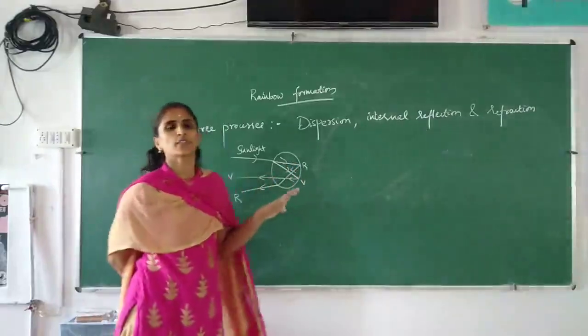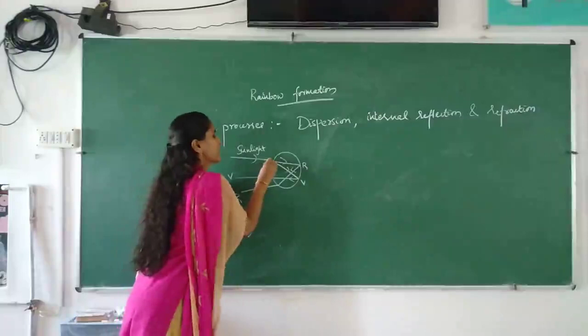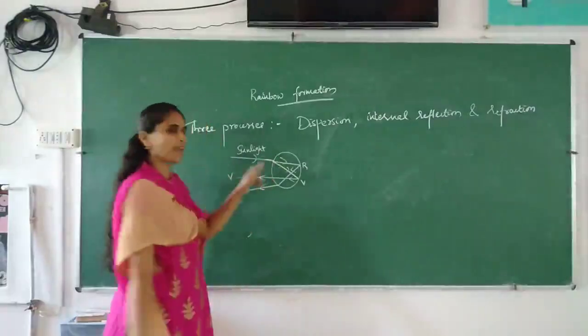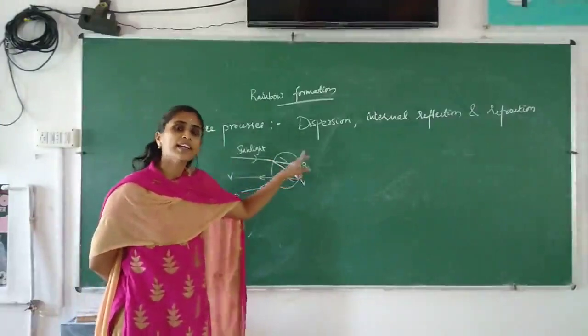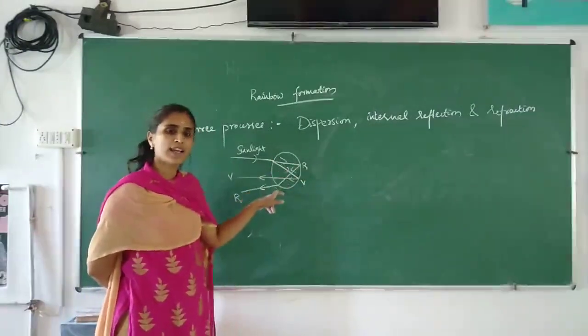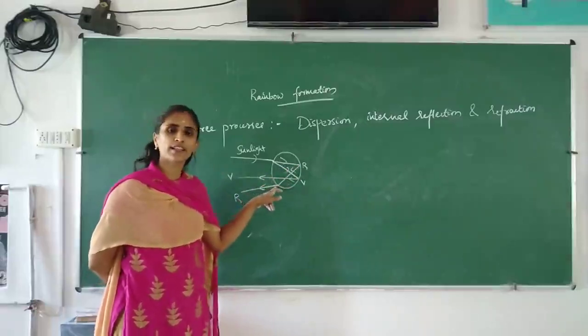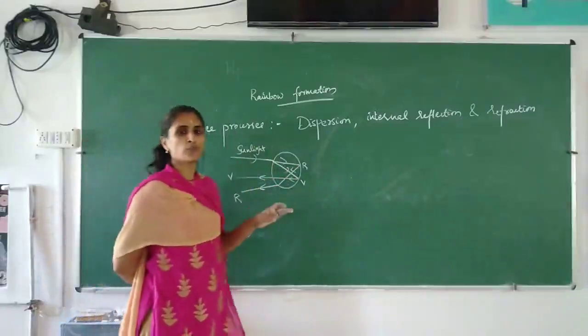Here you can see that at this surface, when sunlight reaches, dispersion is taking place. When it reaches this surface, internal reflection takes place, so the light is reflected. And when it reaches here, again refraction takes place. So these three phenomena contribute to the rainbow formation.